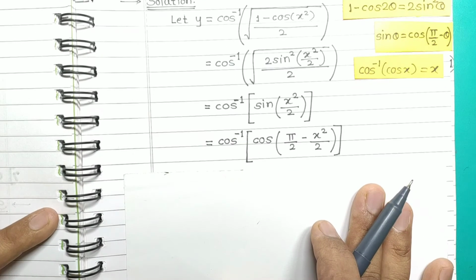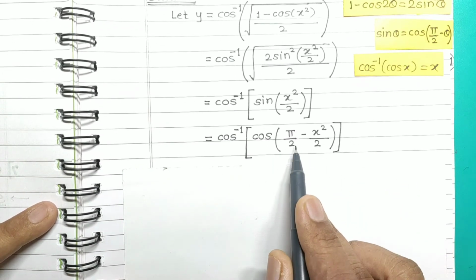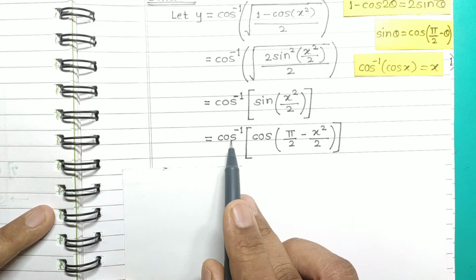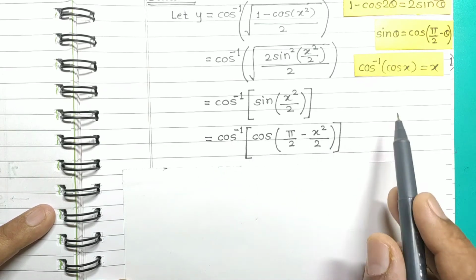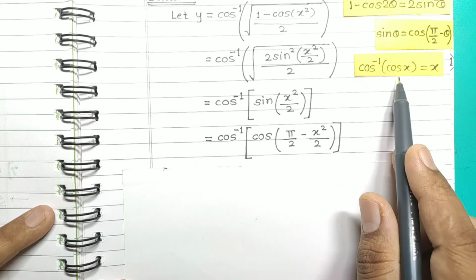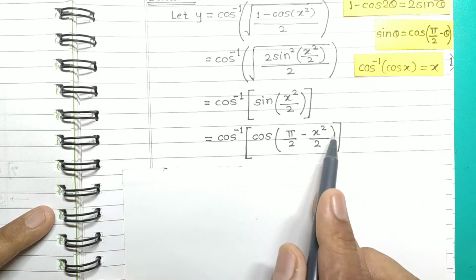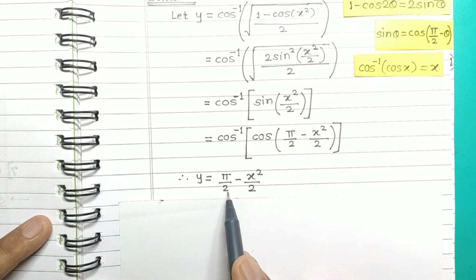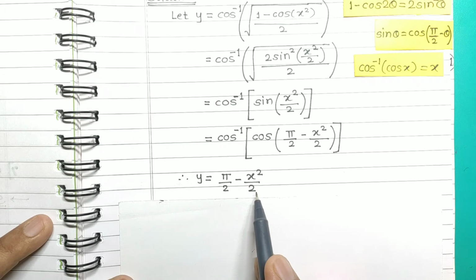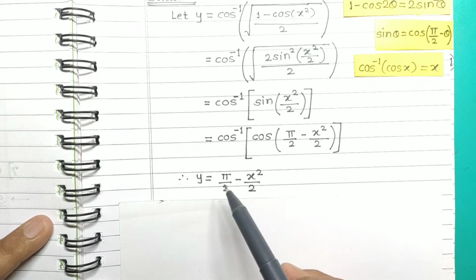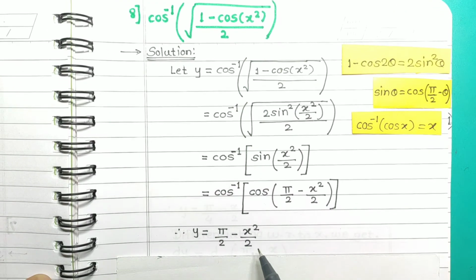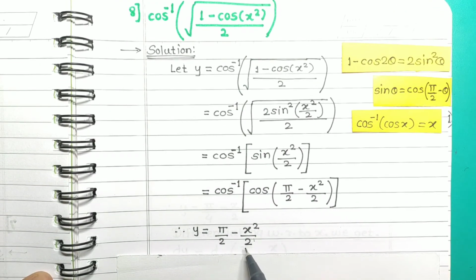So we have cos inverse of cos of pi by 2 minus x square upon 2, and see here we have the terms cos inverse of cos, so using the property of cos inverse of cos x, we can simplify this function to a simple function like pi by 2 minus x square upon 2. Now see, instead of the given function, we have obtained a very simple function, and it is very easy to differentiate.